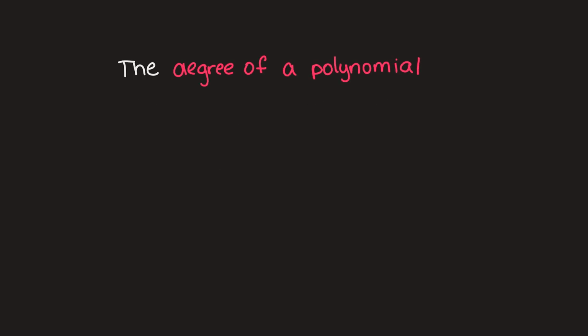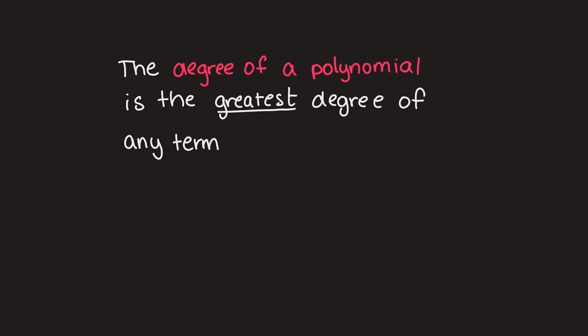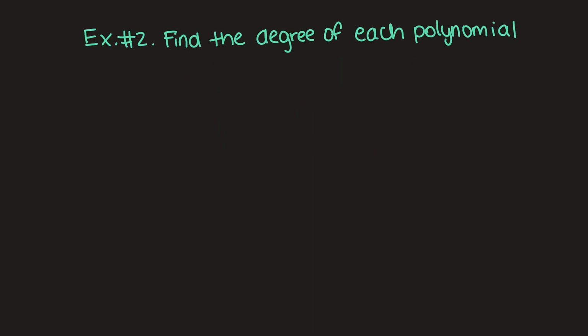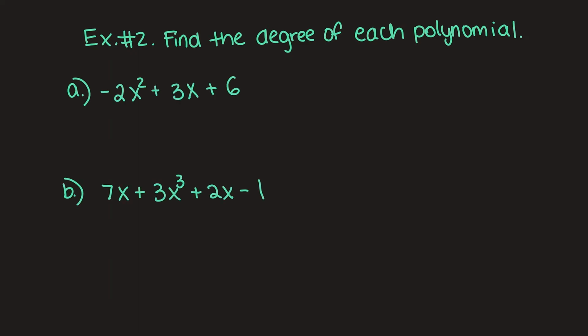Each polynomial also has a degree. The degree of a polynomial is the greatest degree of any term in the polynomial. So for example 2, let's identify the degree of each term first, and then the degree of the polynomial. Again, the degree of each term is just the exponent on the variable.